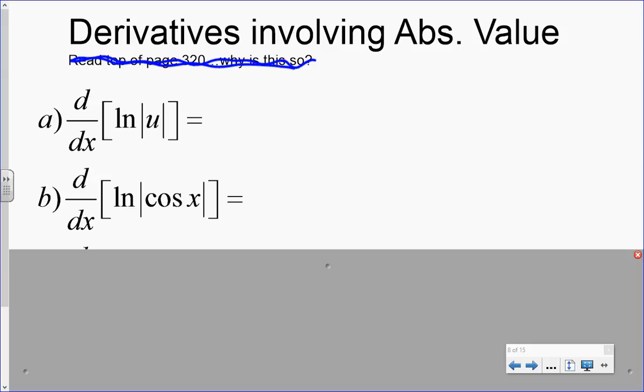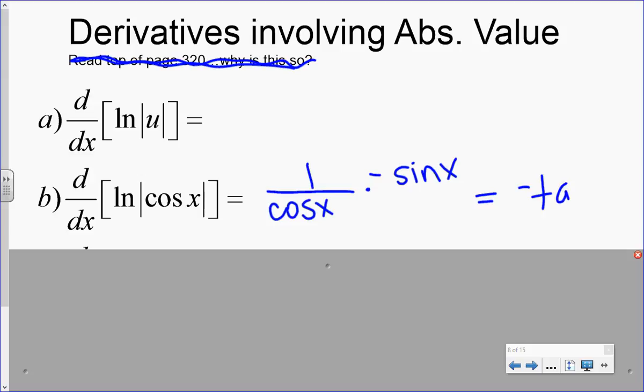So the derivative of natural log is 1 over what's inside times the derivative of cosine, which is negative sine. What's that the same as? Negative tangent.